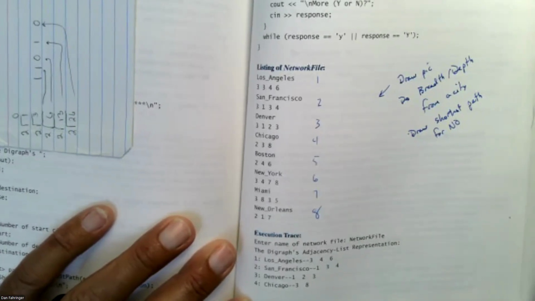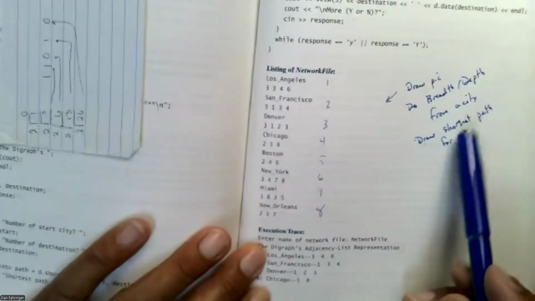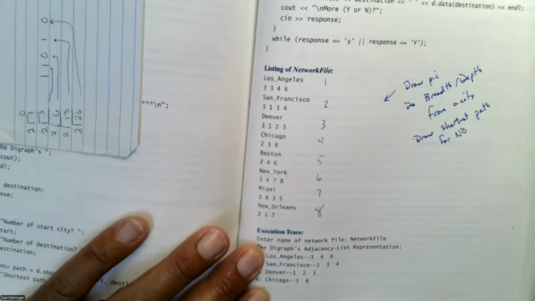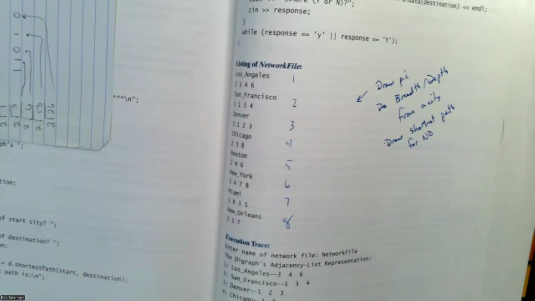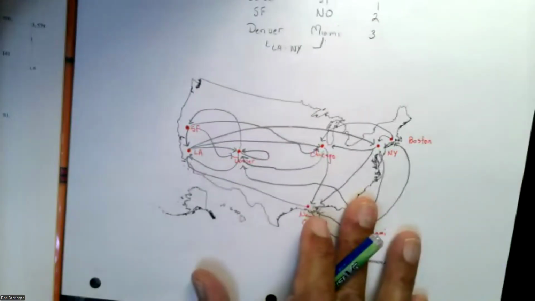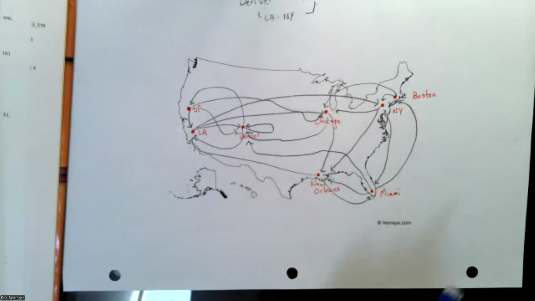Trying to tie all this together. Well, I have some notes here. What would be the best way to find my notes? To represent this, that adjacency matrix would probably be pretty nice.